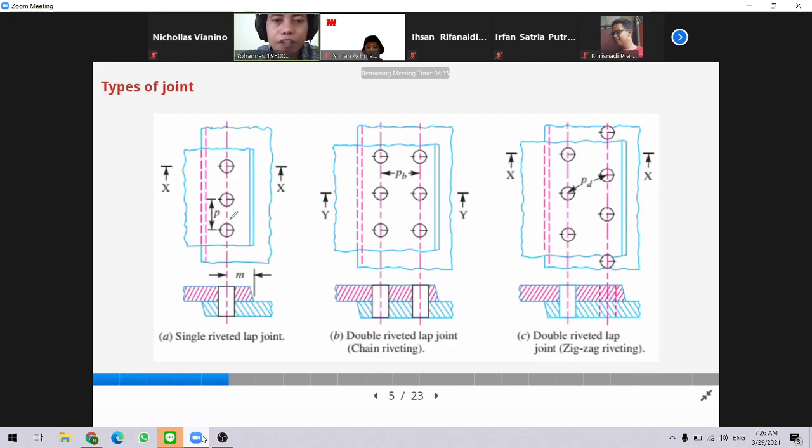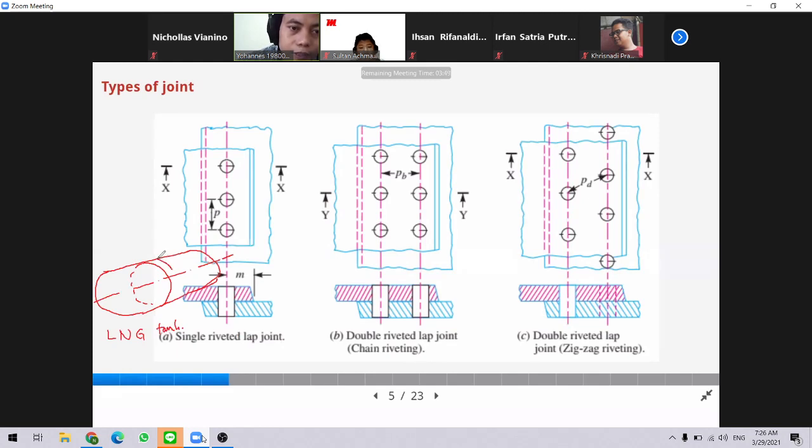For example, as I mentioned previously, if we have a cylindrical tank like this, for example an LNG tank, and it is not welded but riveted around this circular area, and this is the center.